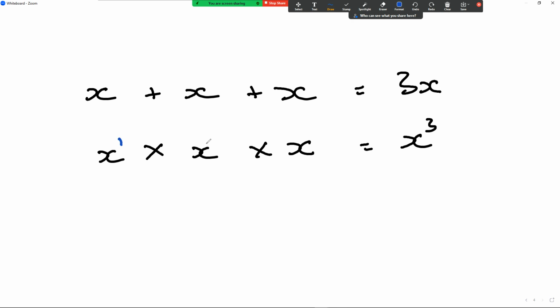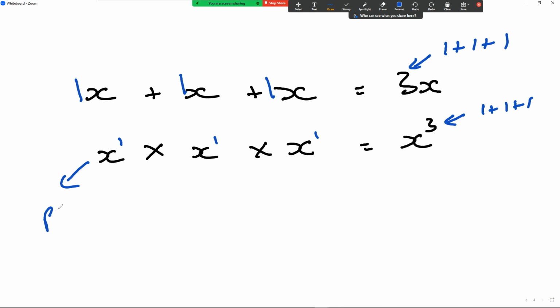So here we add the powers, and here we add the coefficients. So we must remember when we multiply, we're dealing with powers, and when we add, we're dealing with coefficients. The number in front of a variable is known as a coefficient, whatever number's in front.